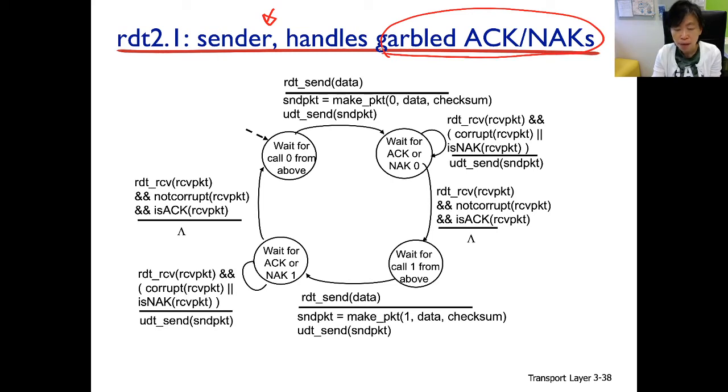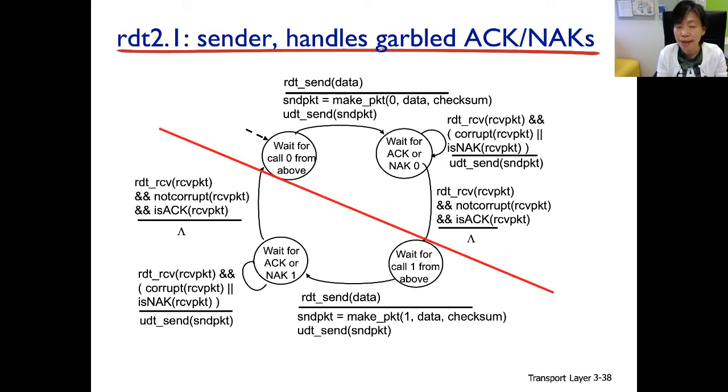Okay. Now, the easiest way to look at the finite state machine here is by drawing a line separating the two mirror parts. If you look at the upper part of it, this looks like the wait for call from above state in the RDT 2.0 sender, isn't it?